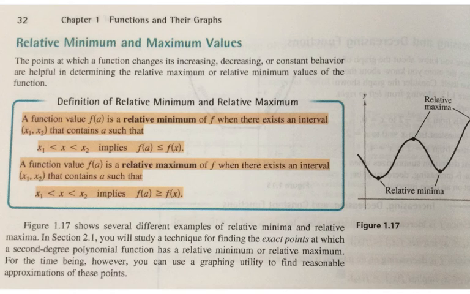So a function value f of a is a relative minimum of f when there exists an interval that contains a such that blah, blah, blah, blah, blah. Okay? You can tell what minimums are without all this nonsense.